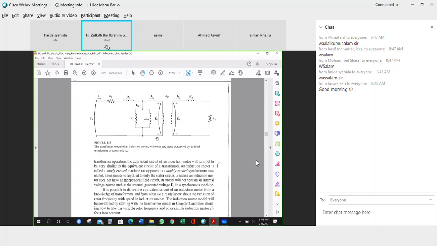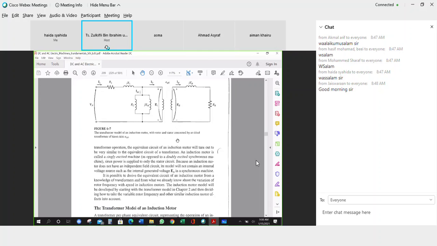So at the stationary condition, the voltage you measure at the rotor will be similar to the one you measure at the secondary winding of the transformer. In this context, they call it E_R0.